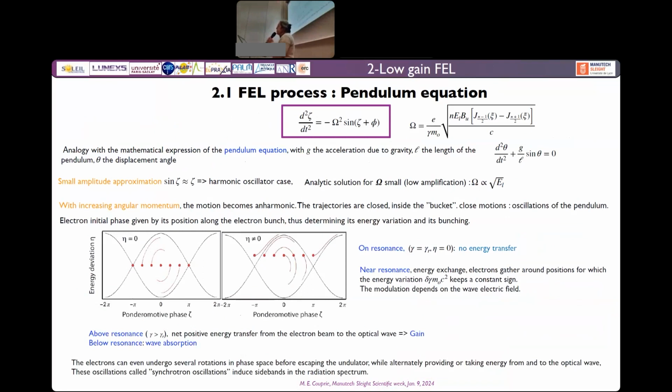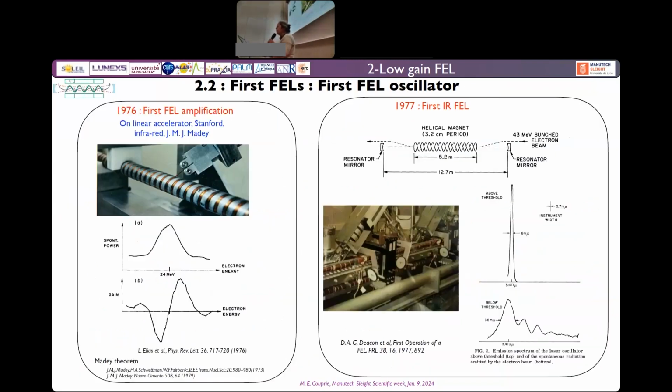On resonance, we have no energy transfer, and near resonance, we have energy exchange, and the electrons gather around positions for which the energy variation keeps a constant sign. Then the electrons can bounce back and forth, and when they do that, we call it synchrotron oscillation.